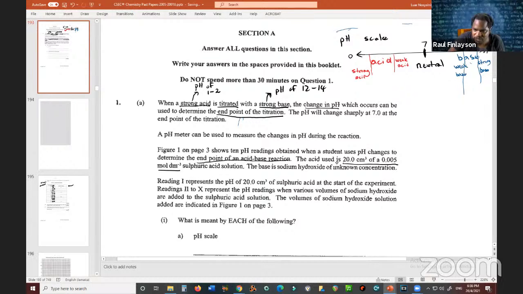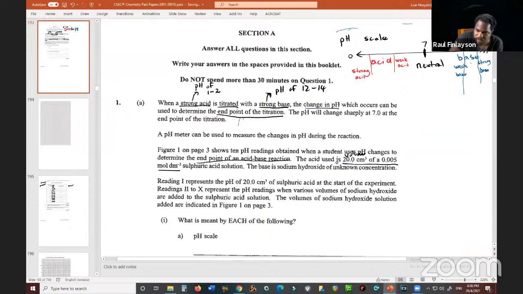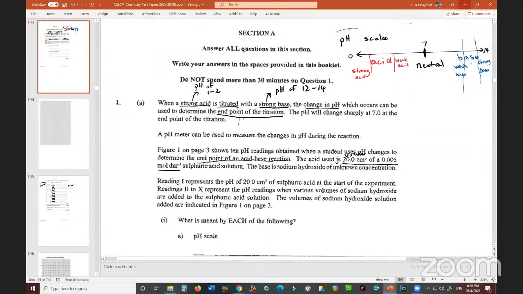20 centimeter cube. What information is this? What is measured in centimeters cube? The volume. Very good. So I'm going to write volume here. 20 centimeters cube is volume. What did I say was measured in mole per dm cube?